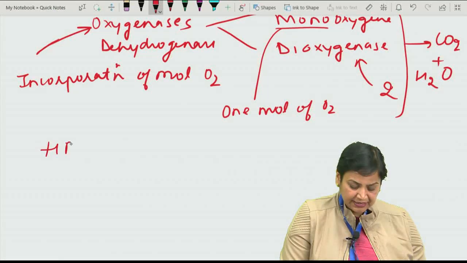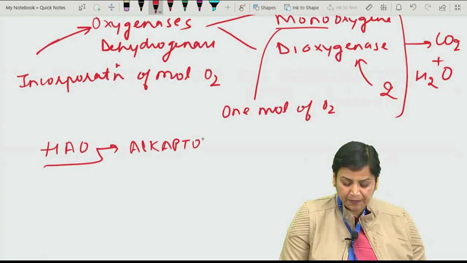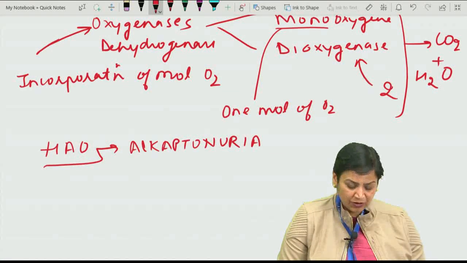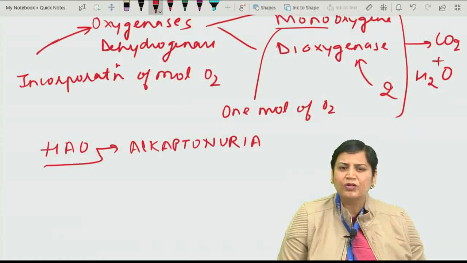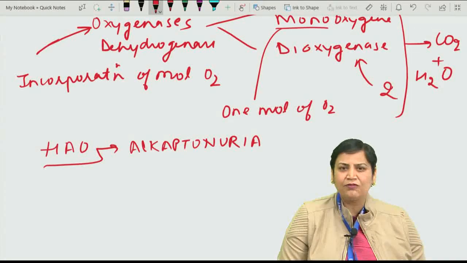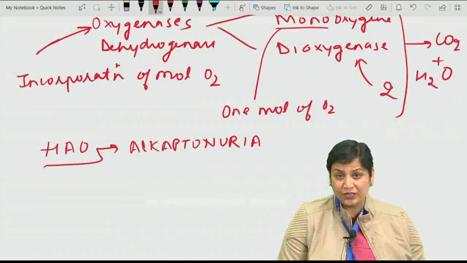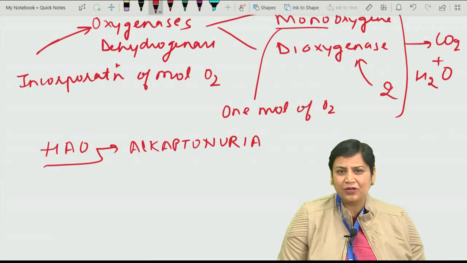Deficiency of this enzyme leads to alkaptonuria. If homogentisic acid oxidase is not there, there won't be oxidation of homogentisic acid, and it will be finally converted to alkapton or quinone type of substances. The urine turns black on exposure to air. That is the characteristic feature of this.